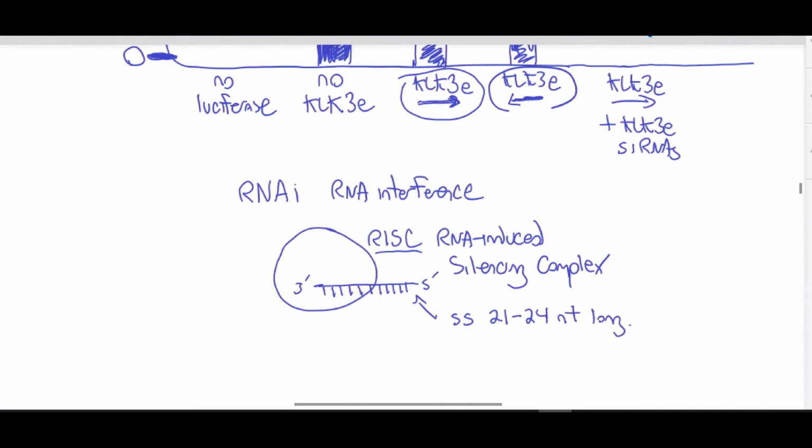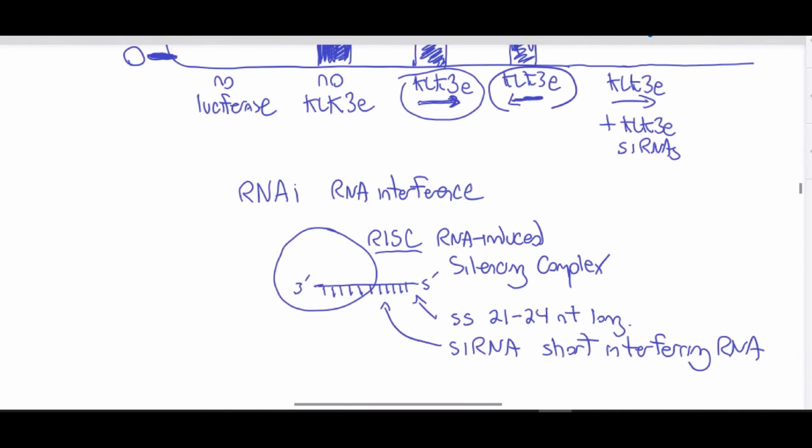And what the RISC complex does is it uses the siRNA, which is for short interfering RNA, to scan RNAs in the cell.